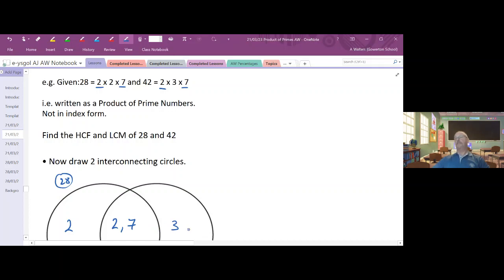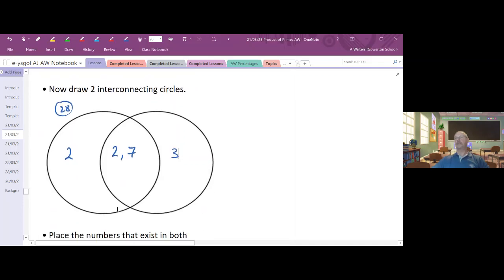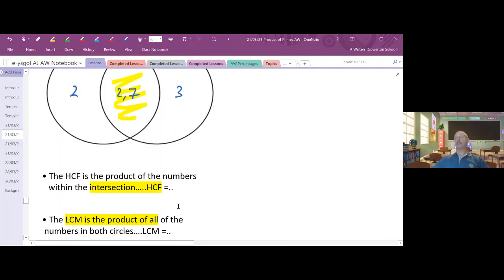So as I said above, the intersection, the bit in the center, I'll write these out here. You've got a 2, 2 and a 7 and a 3. The intersection there is 2 times 7. So the highest common factor is 2 times 7, which is 14. And the lowest common multiple is everything else multiplied together.